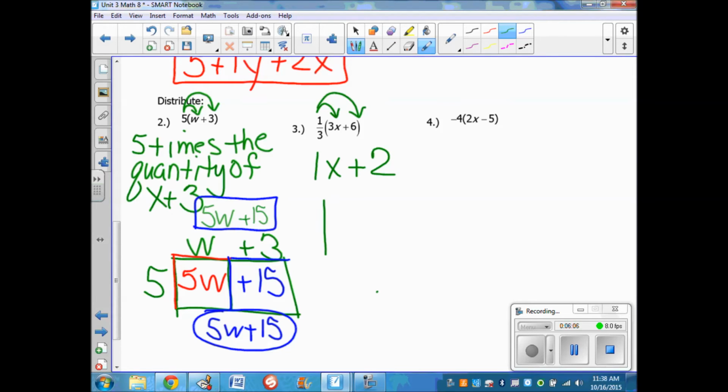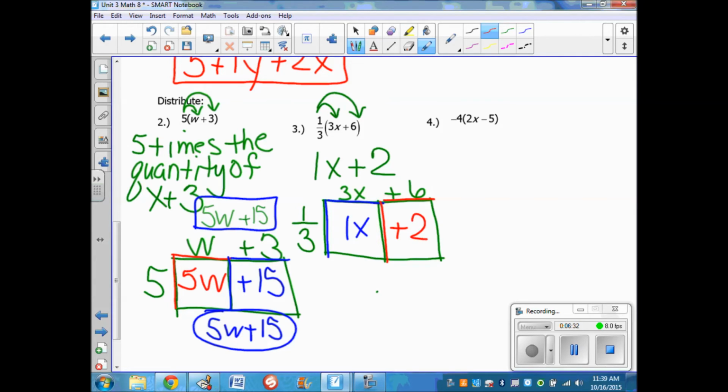And if you want the visual, again, a nice little graphic organizer, 1/3 is what we're multiplying by 3x plus 6, and do the same thing. Length times width. 1/3 times 3x is 1x, and then do it again for the box on the right. 1/3 times 6 is plus 2. So just another way of doing it. If you like the visual, write down the visual.